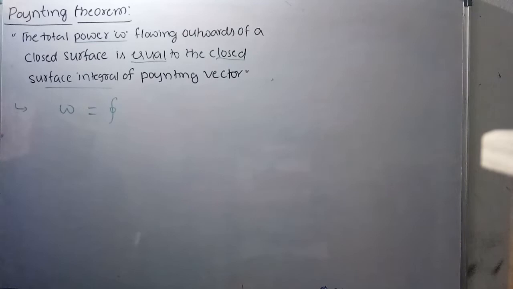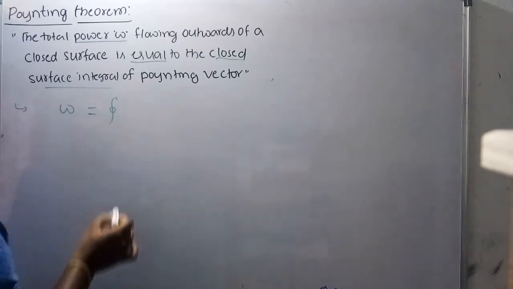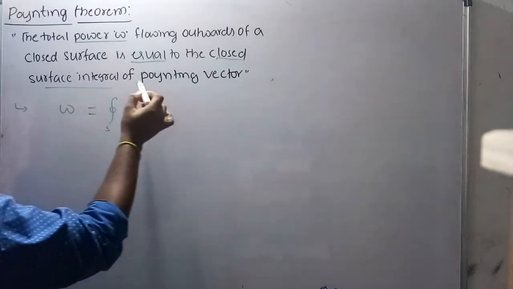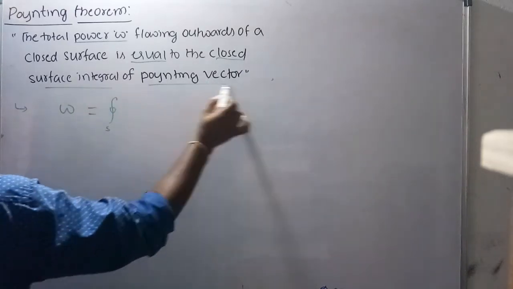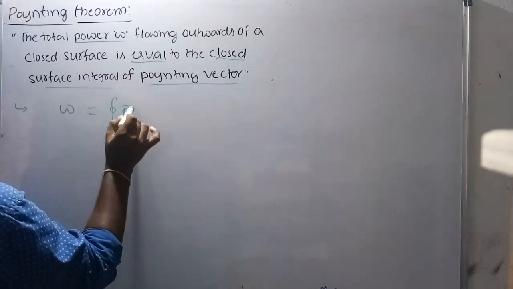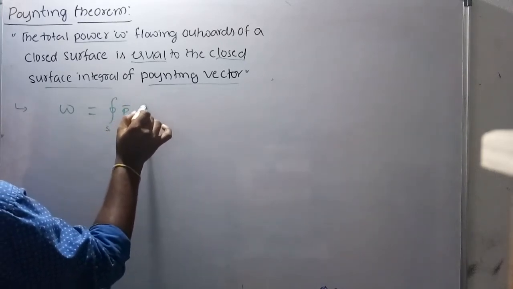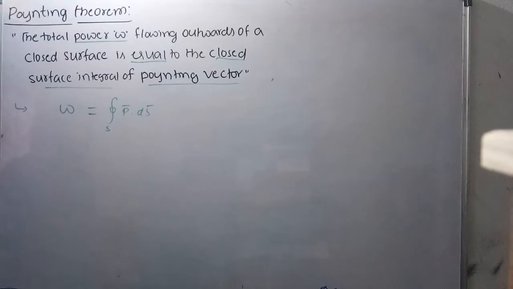The integration should be with a circle, which indicates the closed surface. Surface integral means S here. It should be here: closed surface integral of the Poynting vector. What is the Poynting vector? It is P bar. Okay, as we are doing the integration with respect to surface, we should denote the dS bar here. This is the mathematical expression of the Poynting theorem.